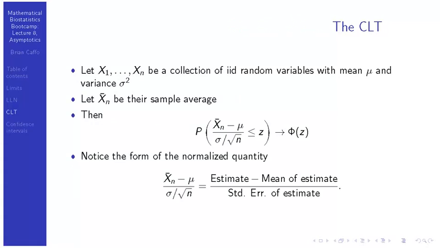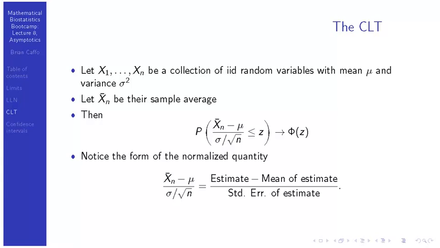So let's let X1 to Xn be a collection of IID random variables. They come from some population with mean mu and variance sigma squared. And let's let Xn bar be their sample average. Then probabilities, and in this case, let's look at the distribution function of the normalized mean.